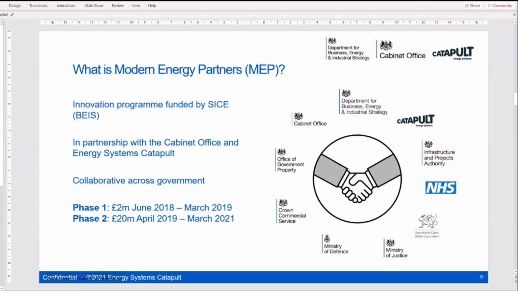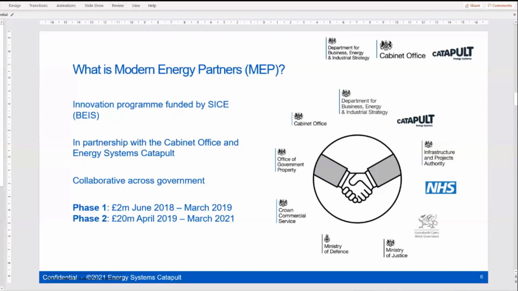It has been a very collaborative program and continues to be so. And you can see on the right hand side of the slide all of the various different government departments, and also the other areas that have been involved in the program in one way or another.